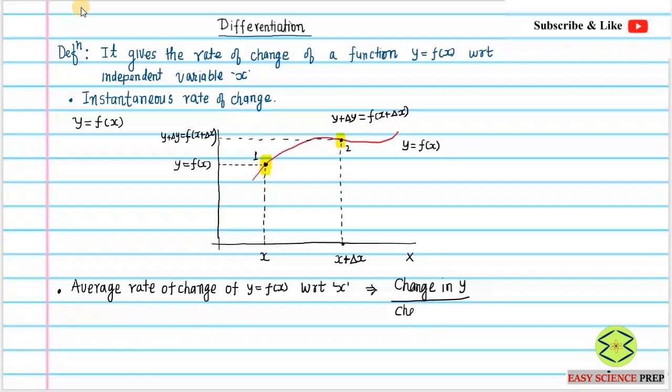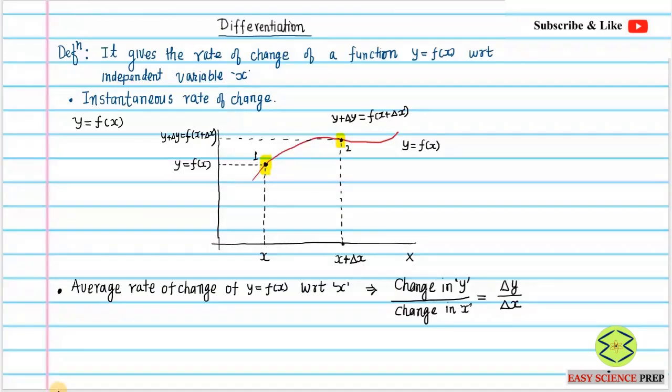Very simple. So this is basically average rate of change, because we are taking them over an interval, so it is delta y over delta x.